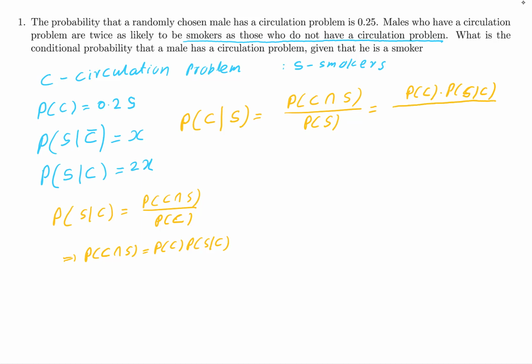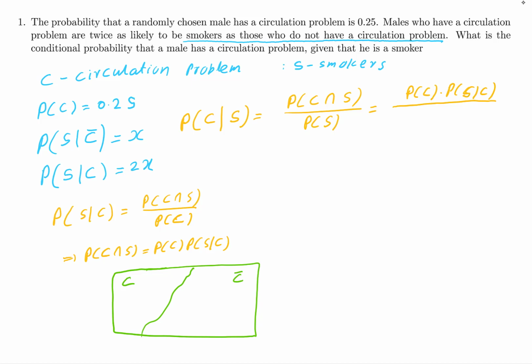Alright, how do we find the probability of S? You know there are two groups, so let me draw this. You know the partition. This is the male group, and there are two groups: men who have a circulation problem, C, and men who don't have a circulation problem, C complement. That is the only two groups.